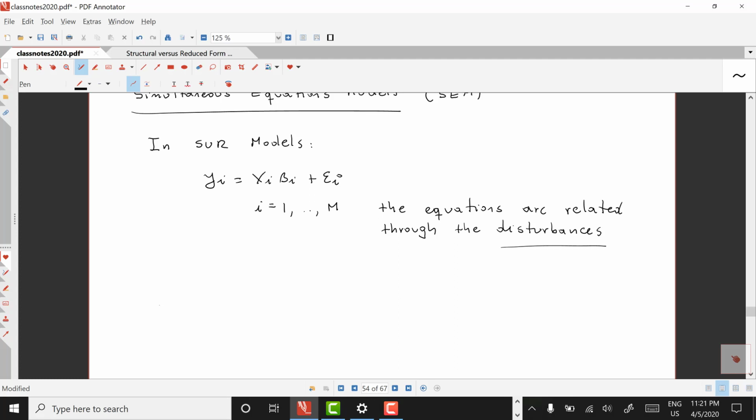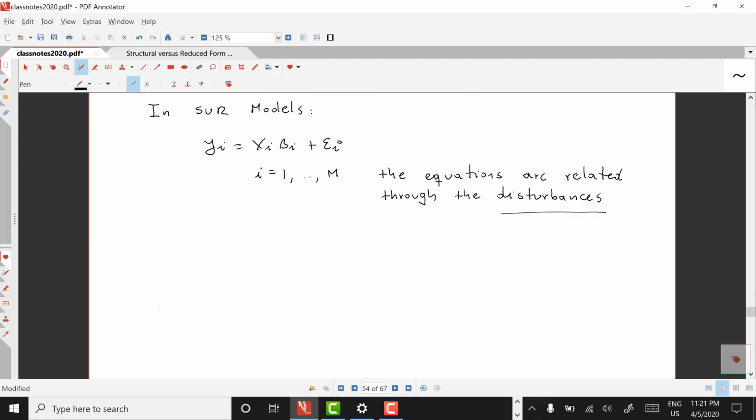In simultaneous equation models, on the other hand, we also are going to have this relationship in the different equations through the disturbances. But in addition to that, the equations are related through the model variables, and more specifically, the dependent variables.